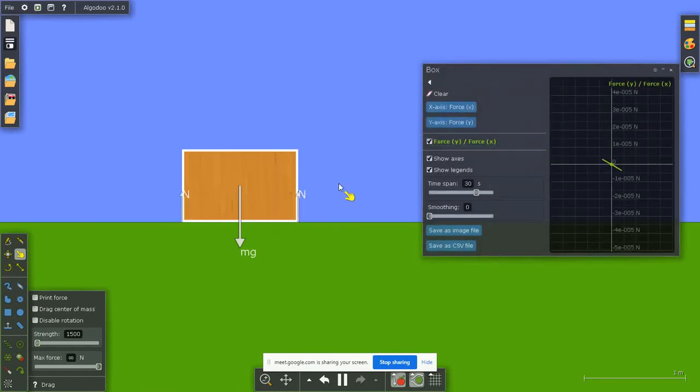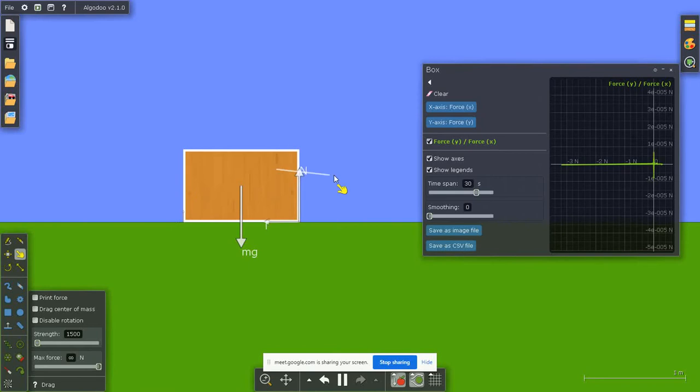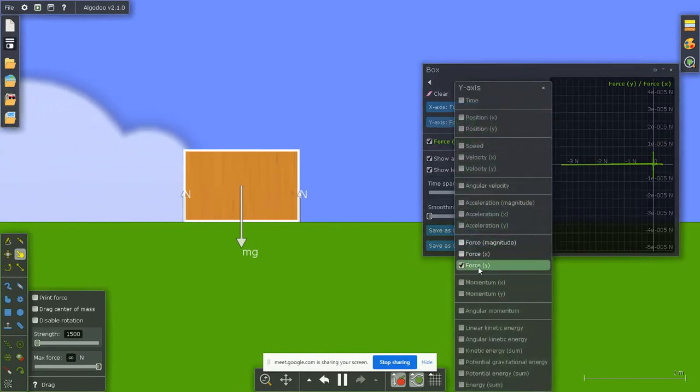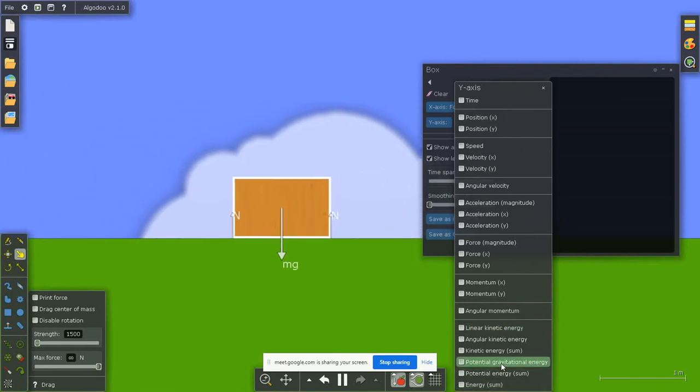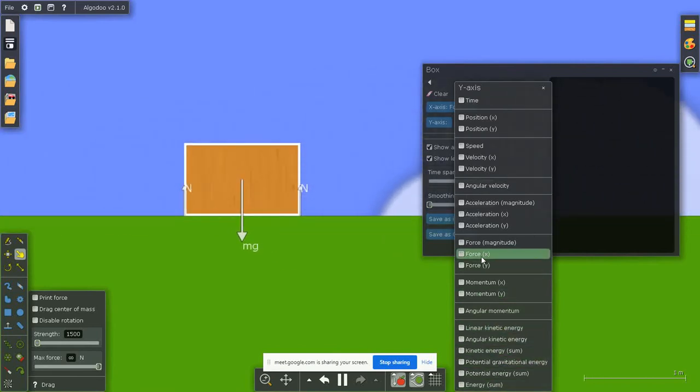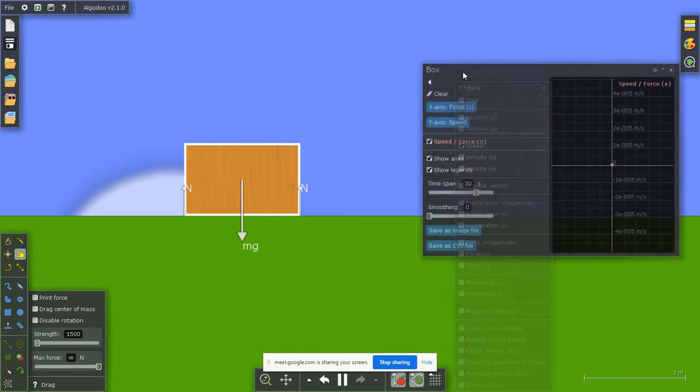Anyway, I cannot show you the frictional force on this side. What else can I plot? I can plot friction and applied force. Applied force I have given already, and speed. Let us plot speed. This should work.